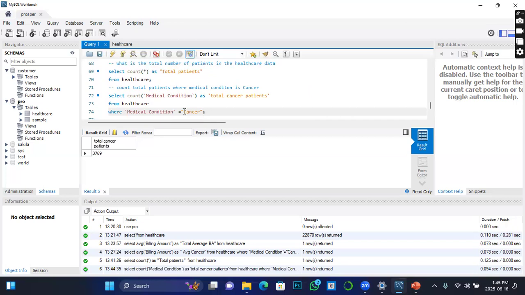How many do we have there? Cancer, obesity, and what again? Okay, you have to do for two. Let's compare. Let's assume there are decisions that need to be taken by knowing the total cancer patients and total obesity patients. So let's do for both so that we can compare.